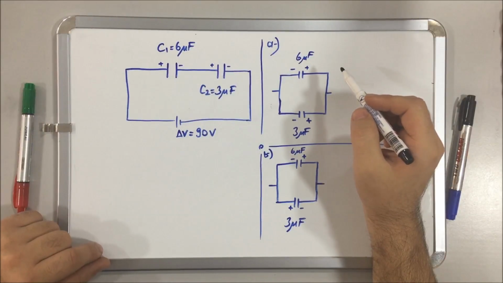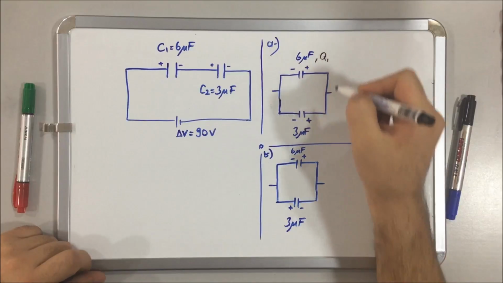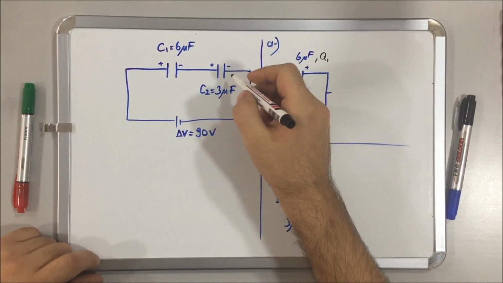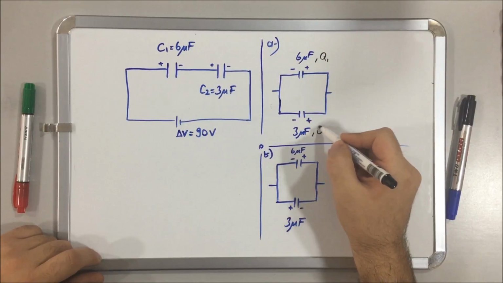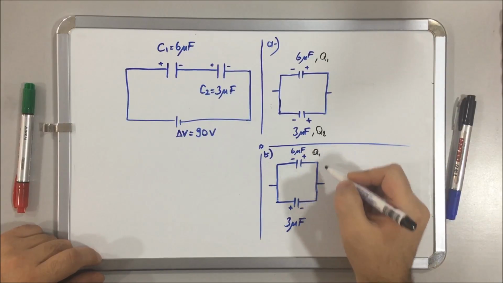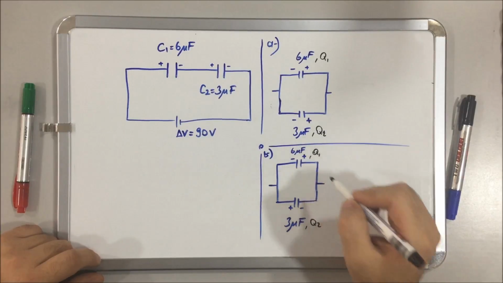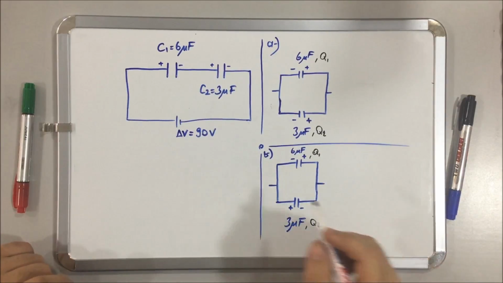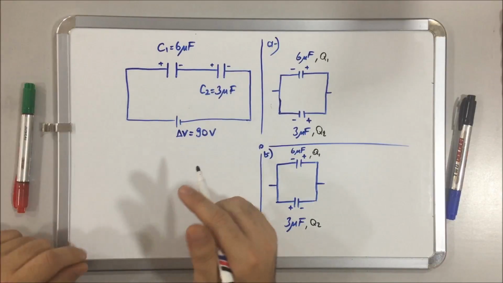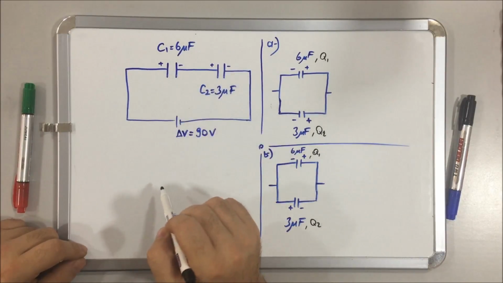So if I say this one is C1, with charge Q1, and this one is C2, with charge Q2, these are the symbols of charge. For the initial connection, I have to calculate the charge of each one of them.